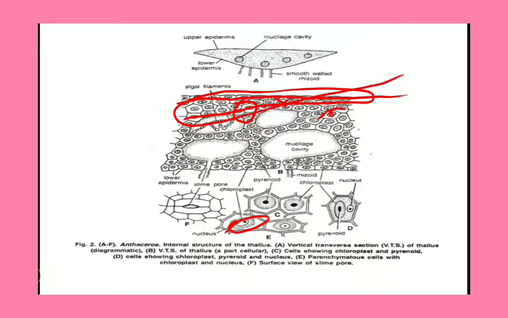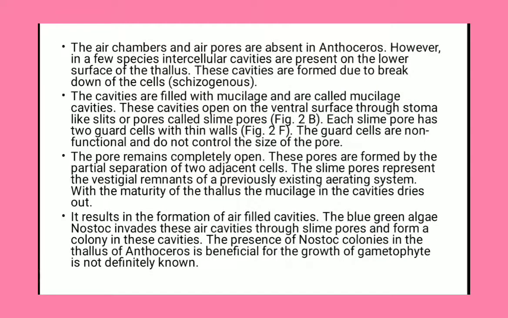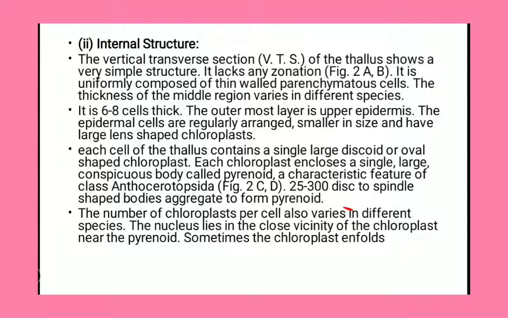You can see in this figure the structure of the pyrenoid. The chloroplasts aggregate, and their disc-like and spindle structures are known as the pyrenoid, which is the main feature of the Anthocerotopsida class.